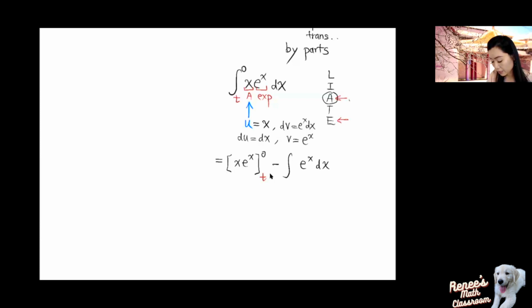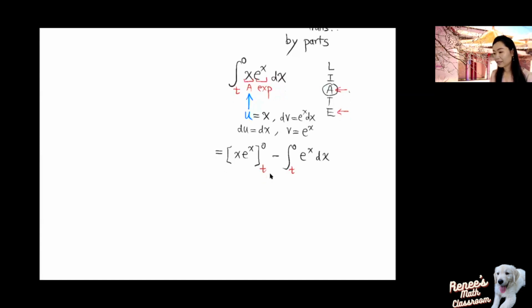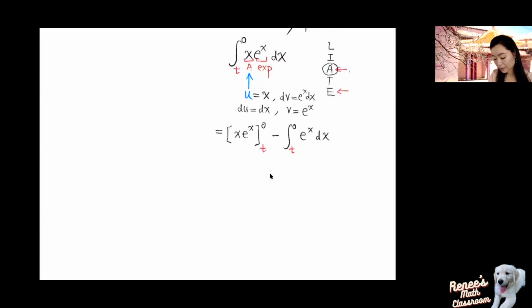So over here we have t. Now substituting this, it becomes negative t e to the t, minus the antiderivative of e to the x, which is e to the x itself.